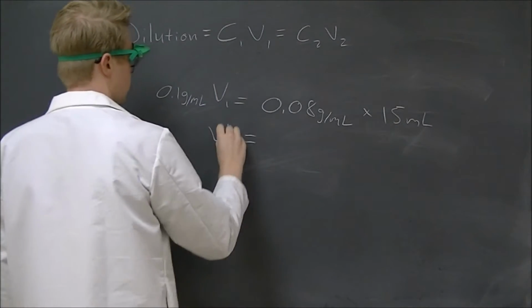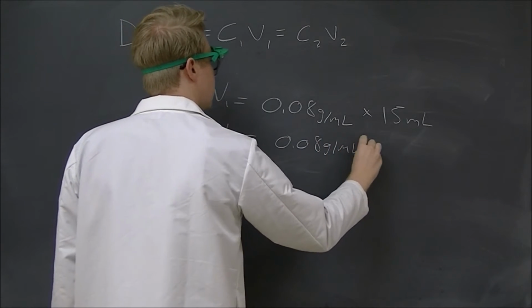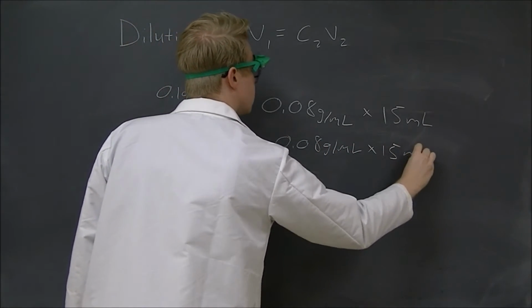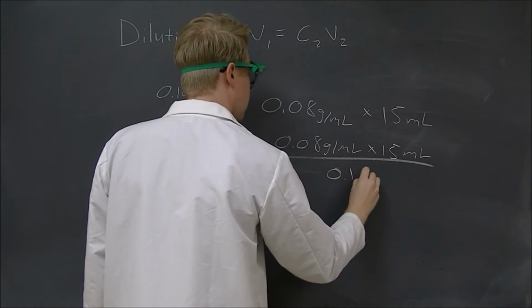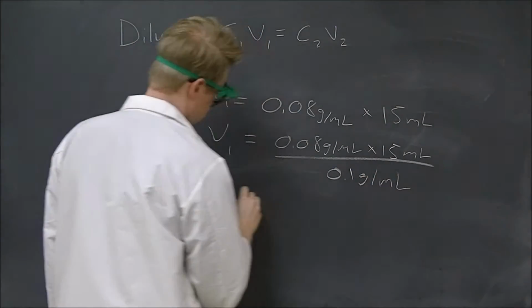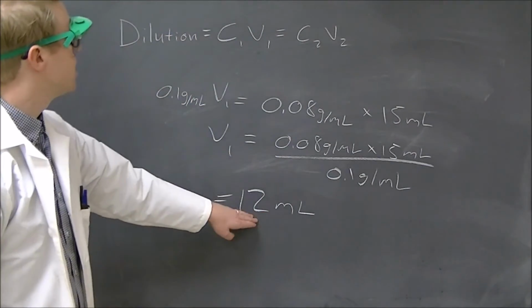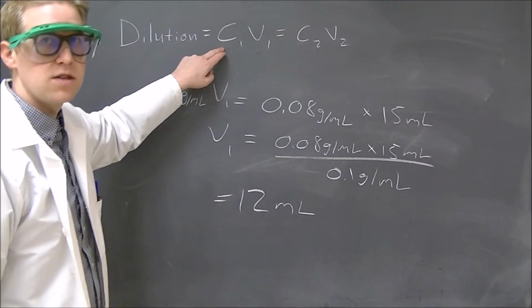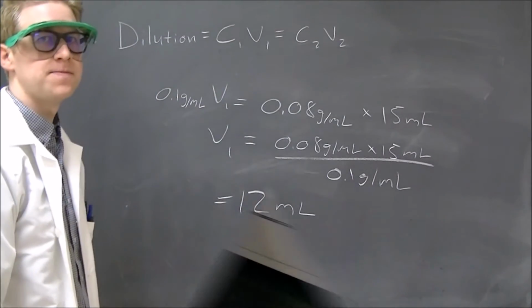So V1 equals 0.08 grams per milliliter times 15 milliliters over 0.1 grams per milliliter. That equals 12 milliliters. So we know we need 12 milliliters of this concentrated solution, and to get 15 milliliters, we'll add water up to 15 milliliters.